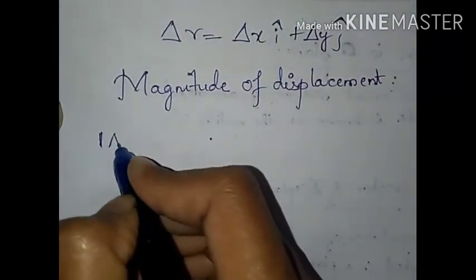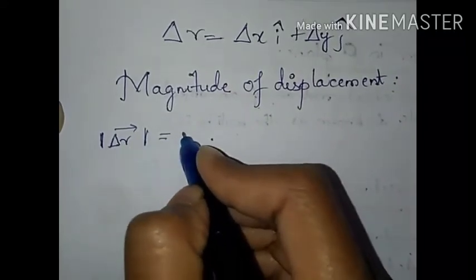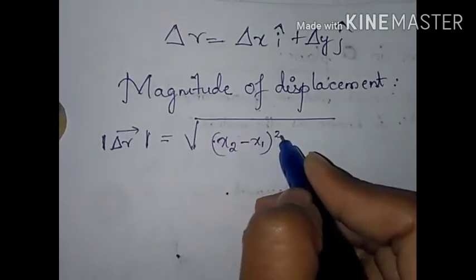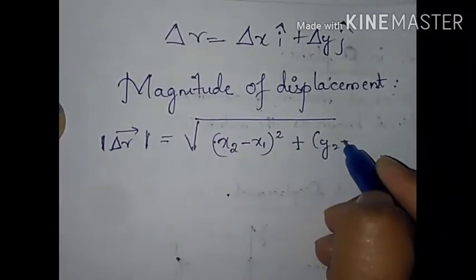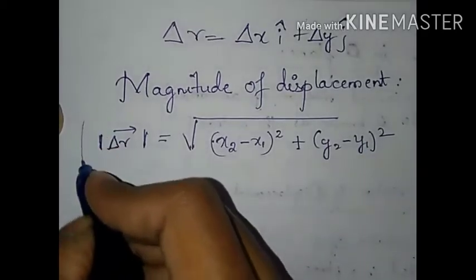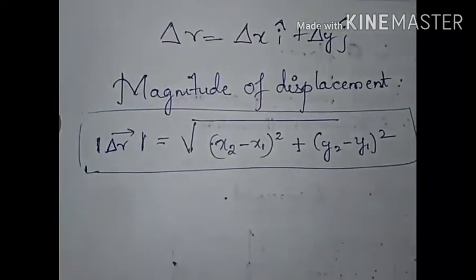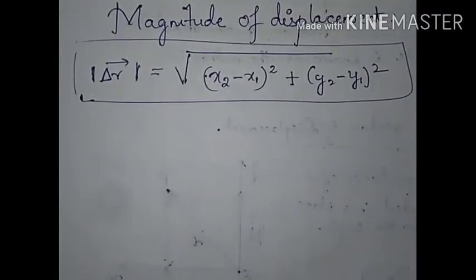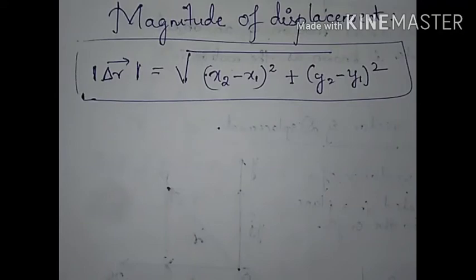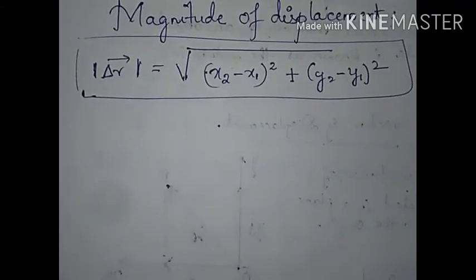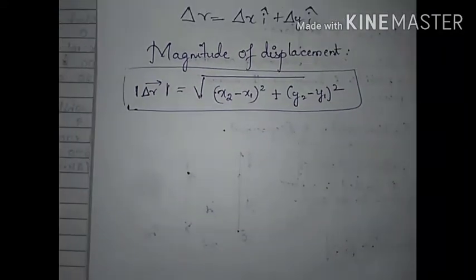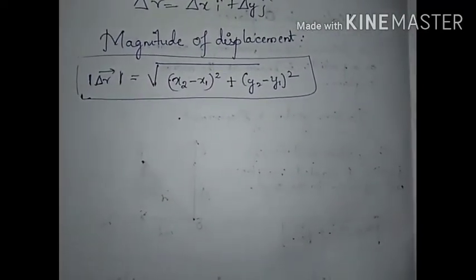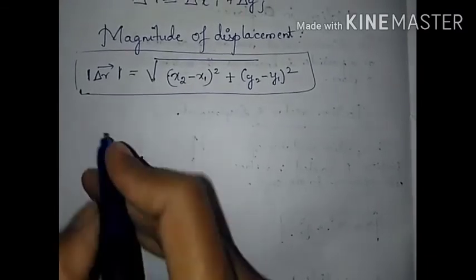It will be the magnitude of delta r vector, which is equals to square root of x2 minus x1 whole square plus y2 minus y1 whole square. So this is the magnitude of the displacement. We found displacement. So the rate of change of displacement will give what? So rate of change of displacement will give velocity. So now let us find what is velocity of a particle moving in a plane.